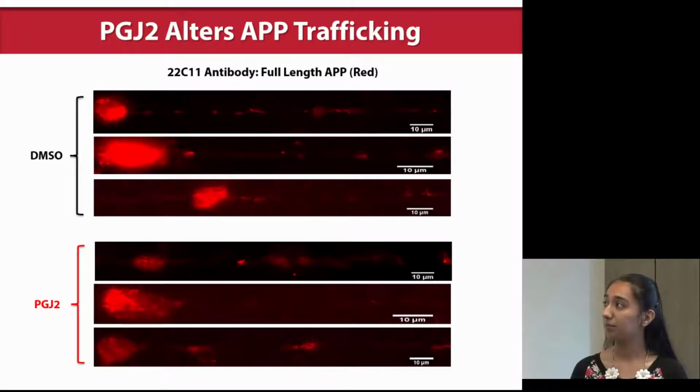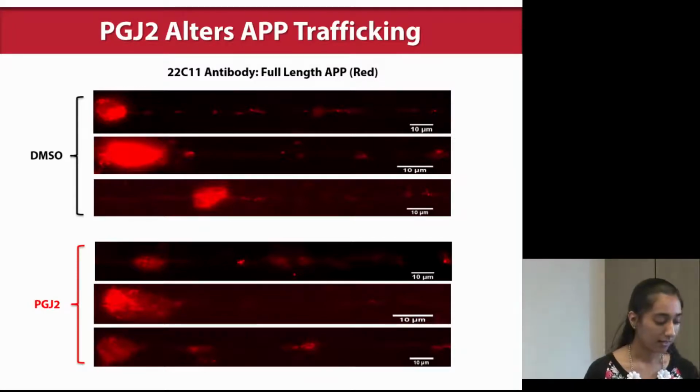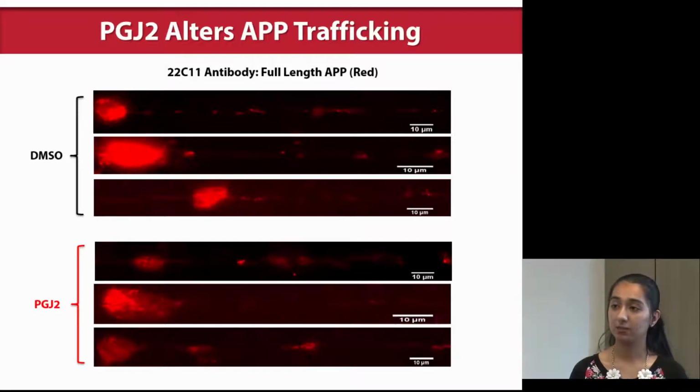There's a clear indicative presence of APP in the DMSO that is shown in a continuous manner. However, in PGJ2, there's clusters of APP, and this presence of the clustering of APP suggests that there's an impediment of trafficking that may be occurring within the processes.